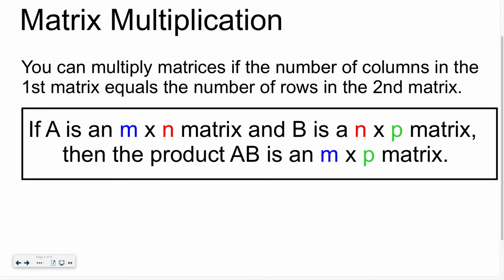If A is m by n, so m rows, n columns, and B is n by p, n rows, p columns, then you can multiply them because the columns in the first matrix match the rows in the second matrix. And your product will have the dimensions m by p.